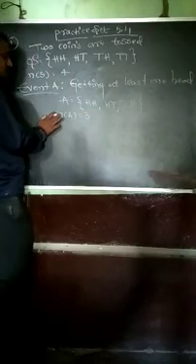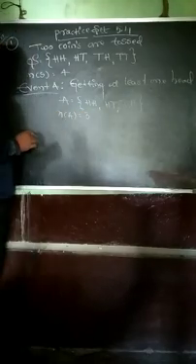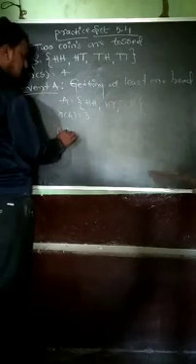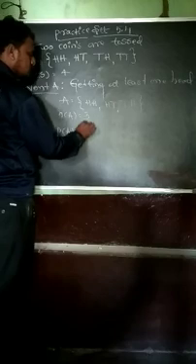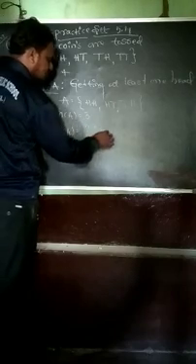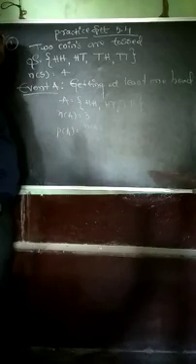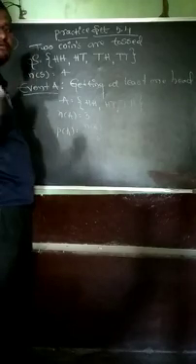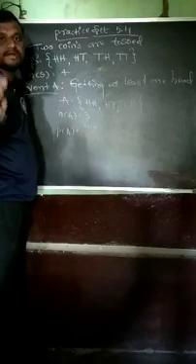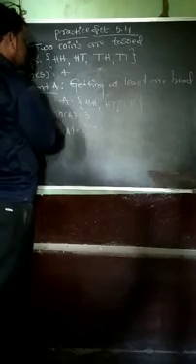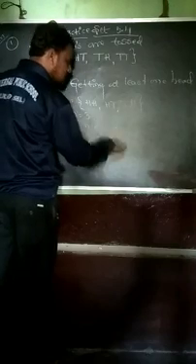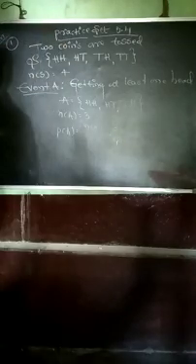Number of sample points in an event A is equal to 3. Then probability of an event A is equal to n of A divided by n of S. n of A means number of sample points in an event A, n of S means number of sample points in the sample space. So n of A is equal to 3 and n of S is 4, right?